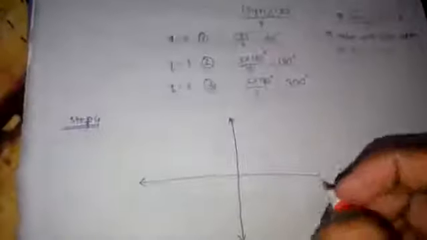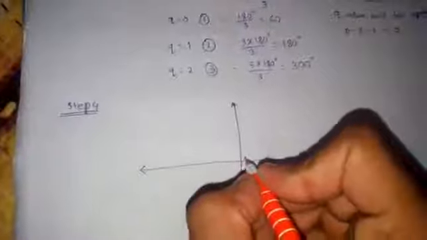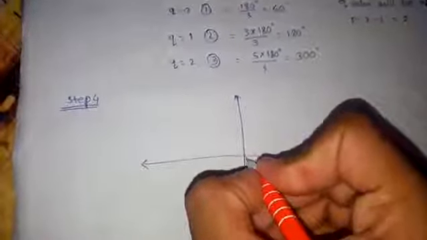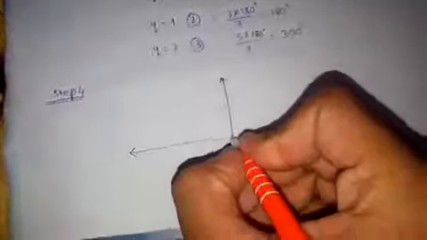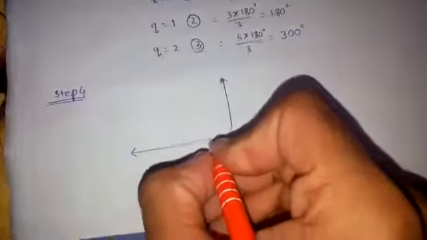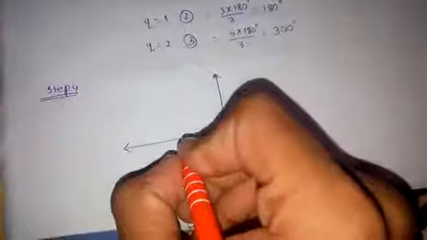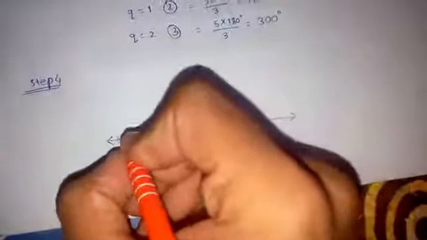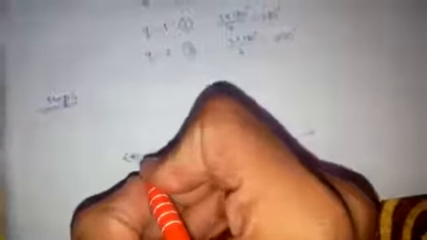In step 4, we just point out the poles. We can see there is a pole at s equals 0, a pole at -2 and a pole at -4.